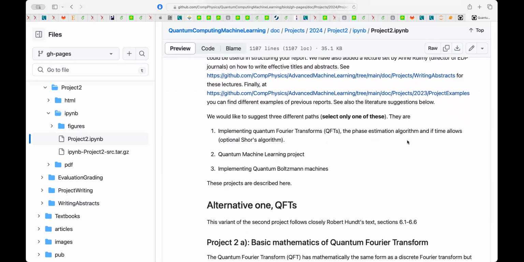Then there is one on quantum machine learning. I know there are people who've been studying that by themselves, and there's one which we propose there. There are also people who want to work with quantum Boltzmann machines. So that's an alternative, and it fits people who are following the course called Physics 5429 on machine learning, or Physics 4411.